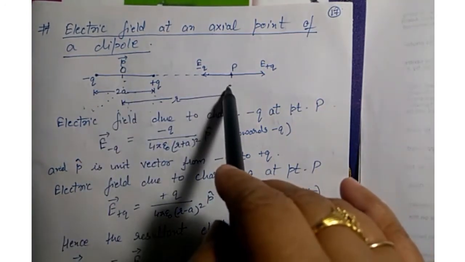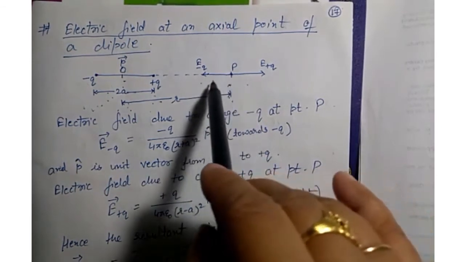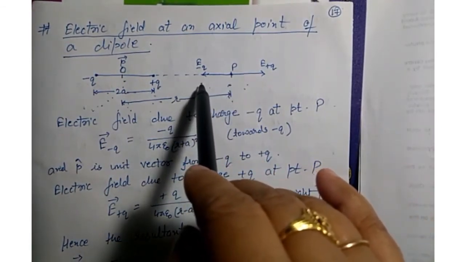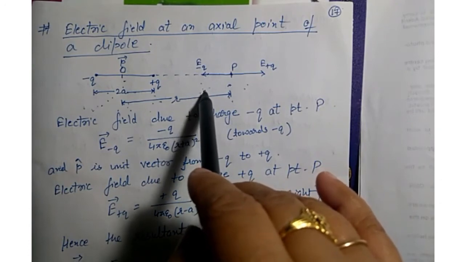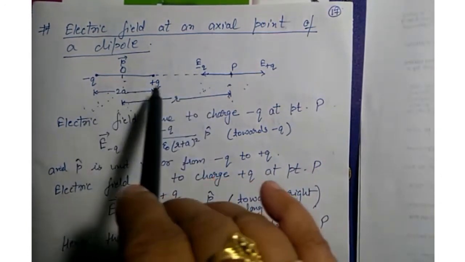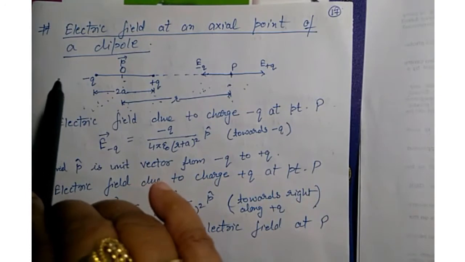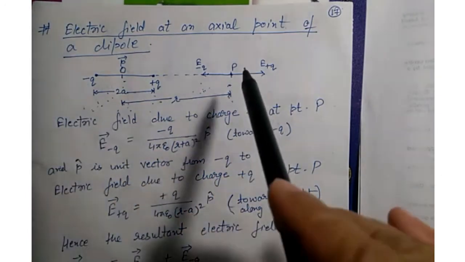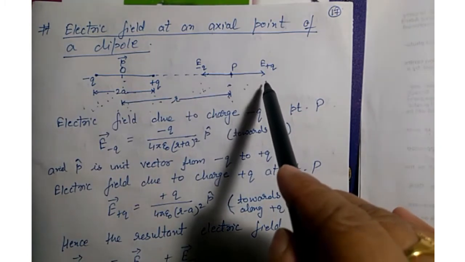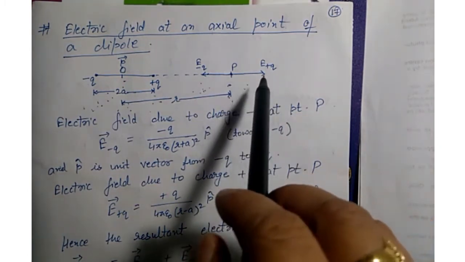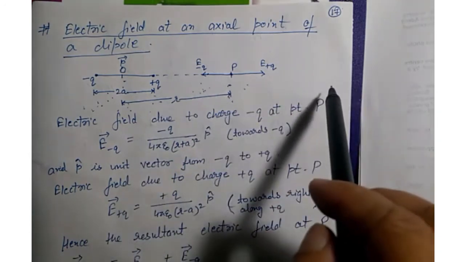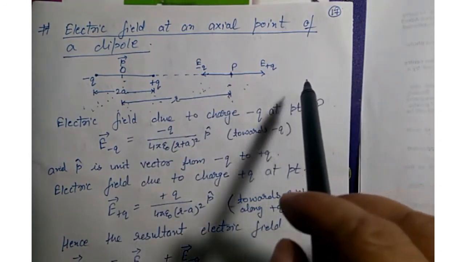At this point P, there are two electric fields acting. E minus q is the field because of charge minus q acting towards the left side, that is towards the minus q charge, and another electric field E plus q due to charge plus q acting towards the right, that is along plus q.